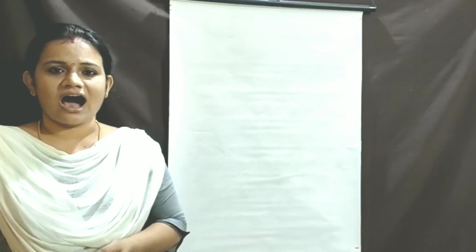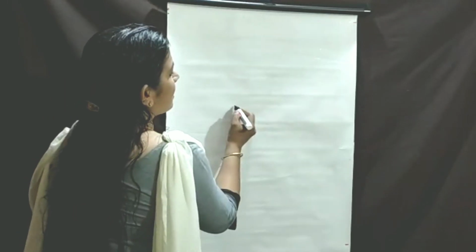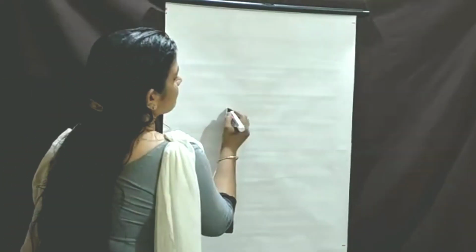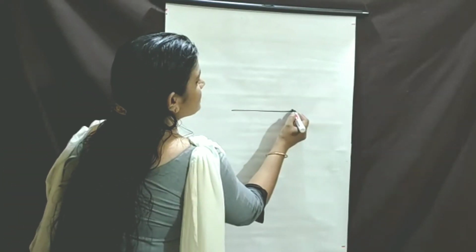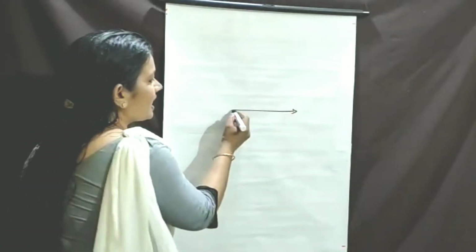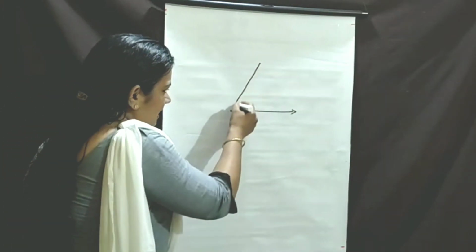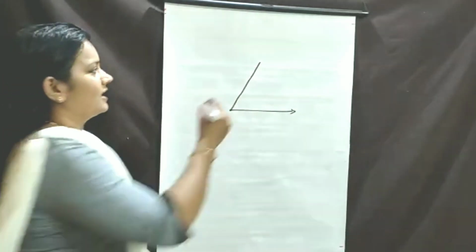Angles are the union of two rays with the same end point. First we draw one baseline. This is one ray. Then we draw another ray.